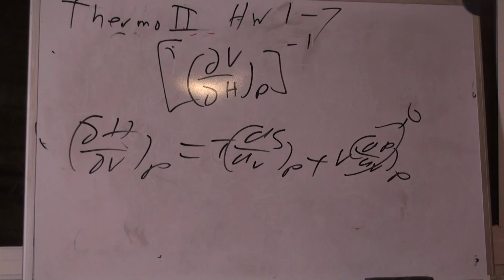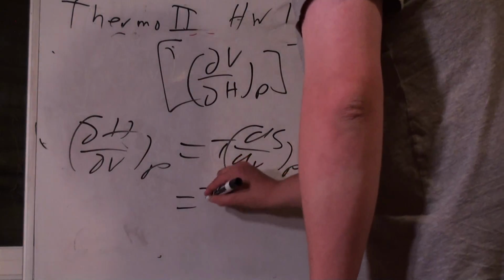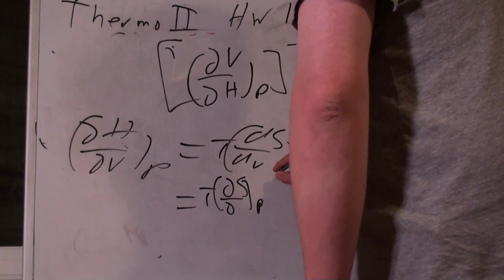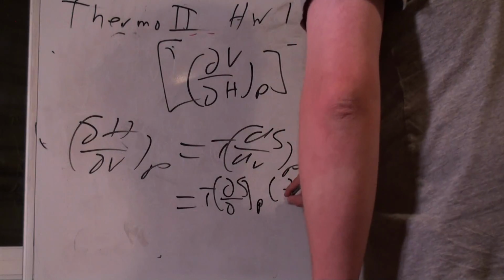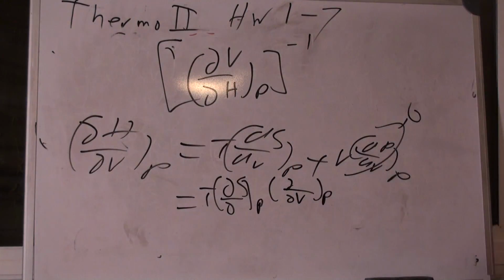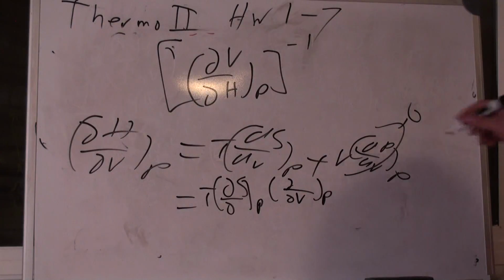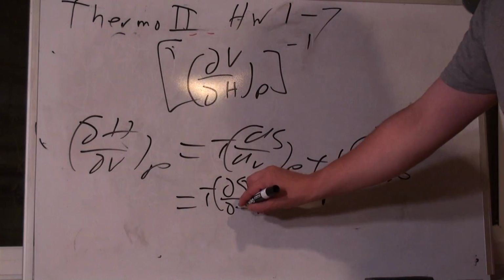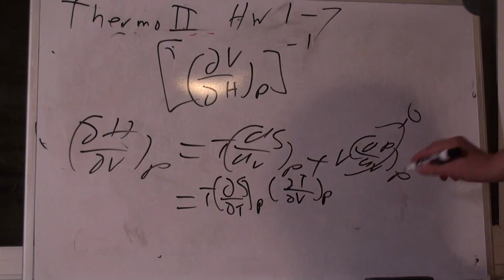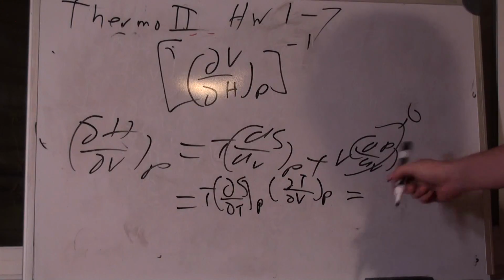The chain rule. So again, T times dS/d-something at constant P times d-something/dV at constant P. And what's the something? Well, it's a nose principle, and you get to pick it, and I like to pick T. And now I have dS/dT at constant P, so I can just plug that straight in.